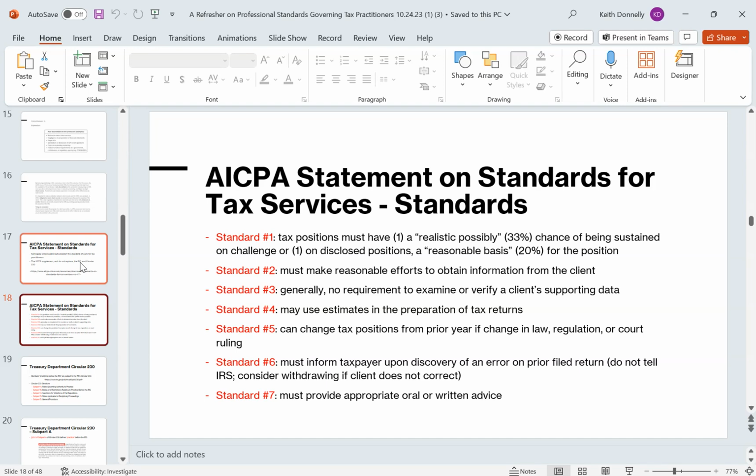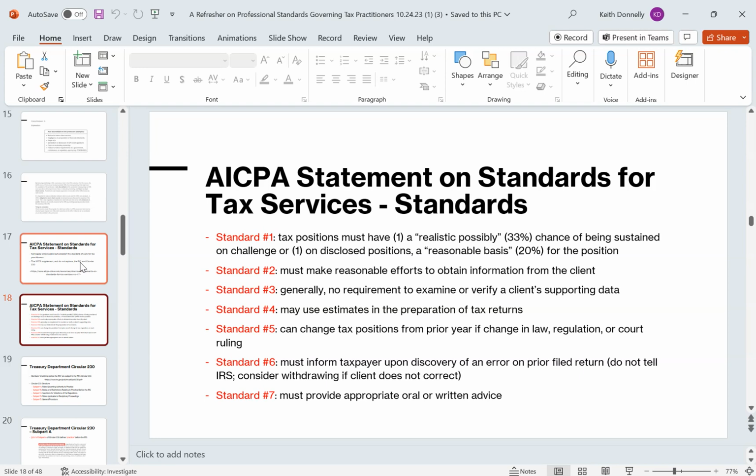If it's a disclosed position, what that means is you file the return, and on top of that, you attach a schedule that basically says, hey, I'm disclosing, I'm flagging, calling out to you, IRS, that we are taking this tax position that we're kind of uncertain on. If you do that, you specifically disclose it and call it out, then you only need a 20% chance.